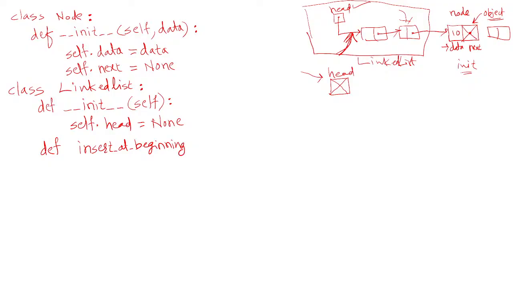For this, what do we require? We require the parameters self, and also this data you should pass. If you pass this data, the data will be inserted at the beginning of the list.